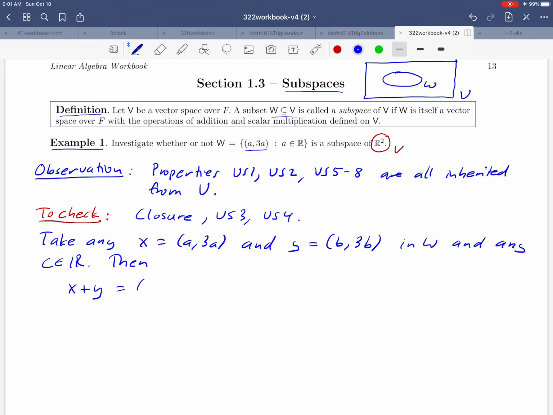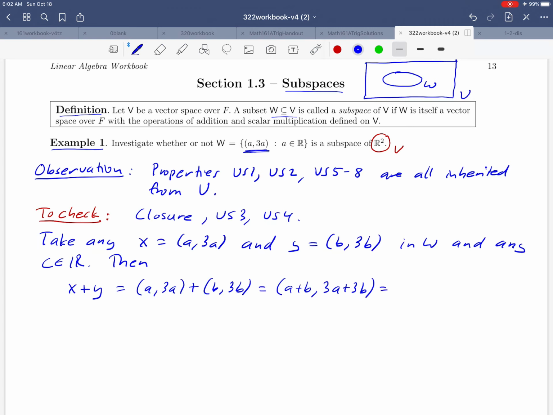Okay, so x plus y looks like (a, 3a) plus (b, 3b). If we add those together, we get (a plus b, 3a plus 3b). Now how sure are we that that ordered pair is in W? Well, to be in W, we have to prove that the second coordinate is 3 times the first coordinate.